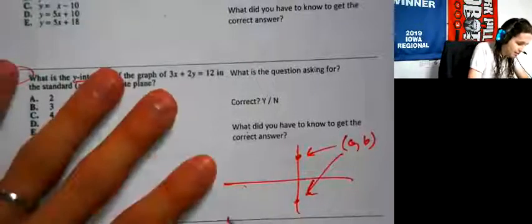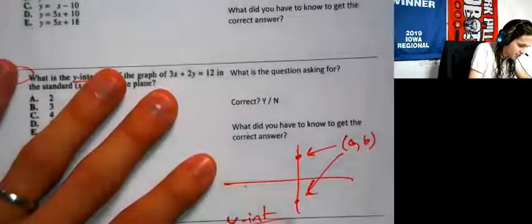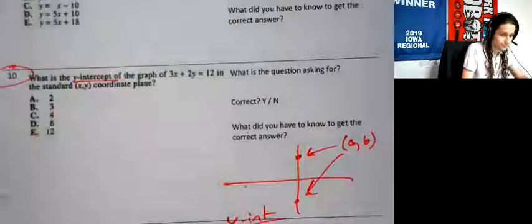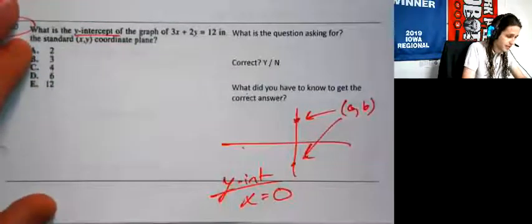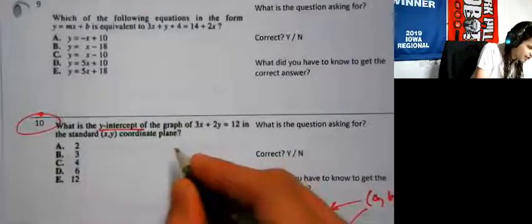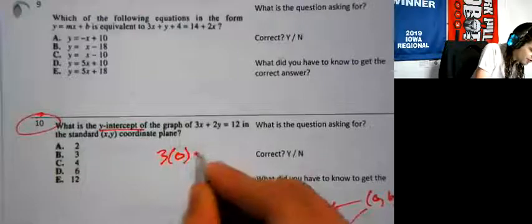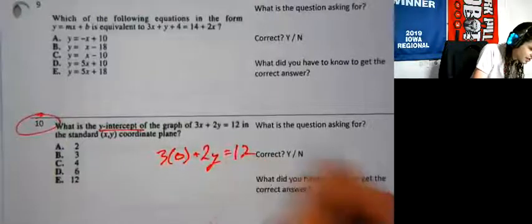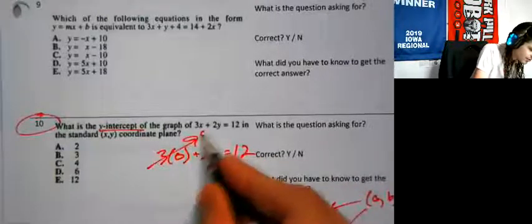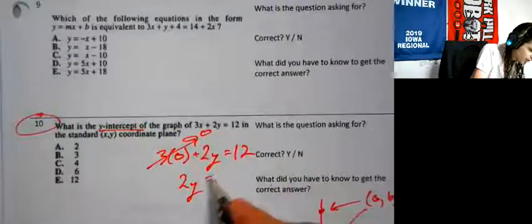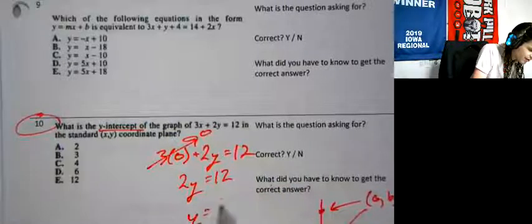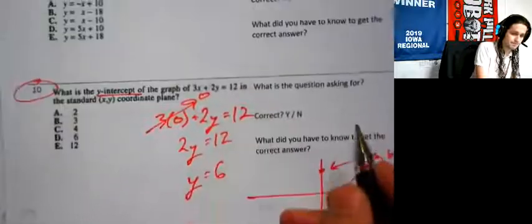So the y-intercept occurs when x equals 0. What's the easiest way to do it? You just plug 0 in for x. So this becomes 3 times 0 plus 2y is 12. You can see where this is going. 3 times 0 is 0. If 2y is 12, then pretty quickly y is 6. Cool.